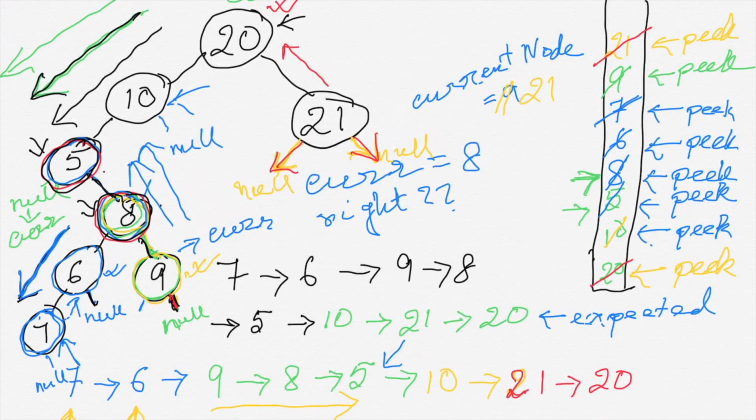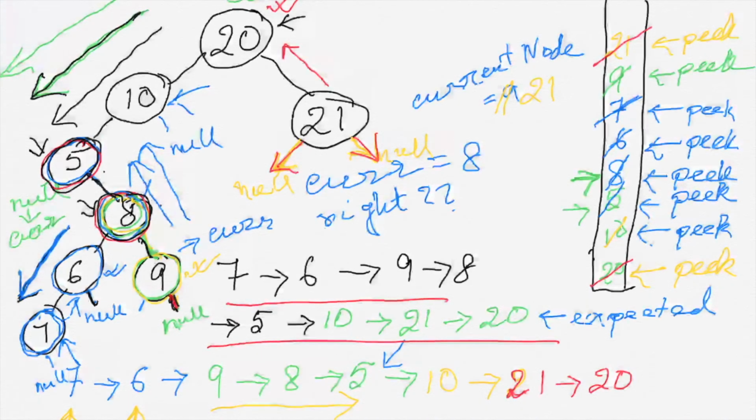So right now, since the stack is empty, we know that the post-order traversal has ended. Let's check with the expected post-order traversal we have gotten before, and let's see if we got the correct result by doing the iterative post-order traversal.